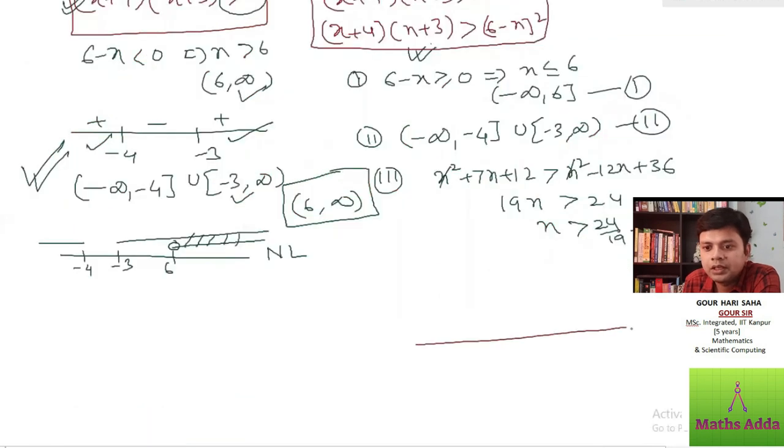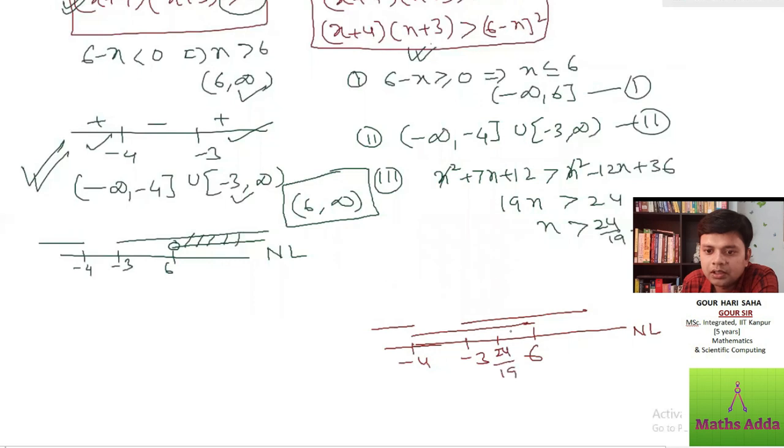So plot the number line. It says minus infinity to 6. The second one says outside minus 4 and minus 3. And then this is saying 24 by 19, which is between 1 and 2 here. So this is like this one, bubble mark, right? So this is common: 24 by 19 open till 6 closed. So half the answer is here and half is here.